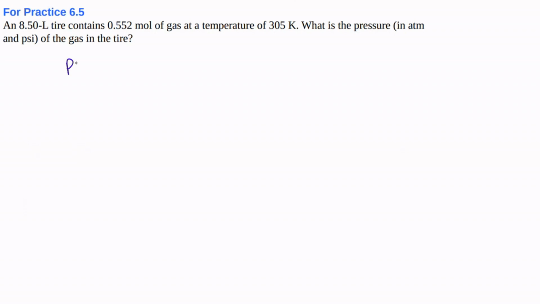So our equation is PV equals nRT. So we can solve for P by dividing both sides by V. P is equal to nRT over V. And we can just plug everything in directly.